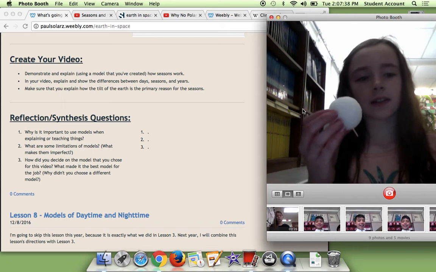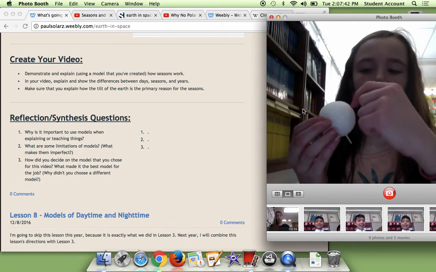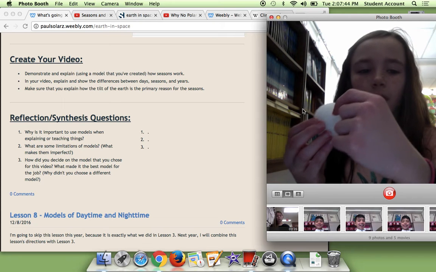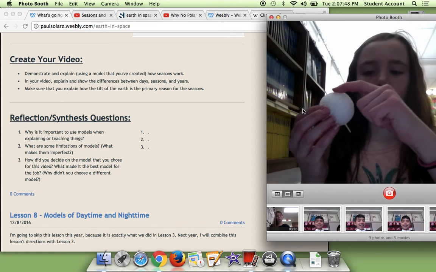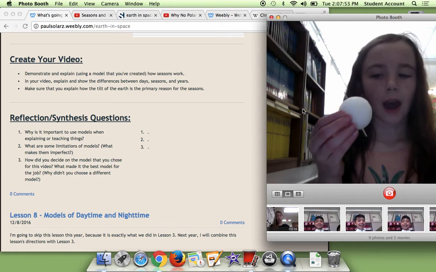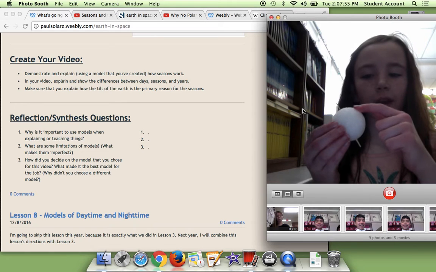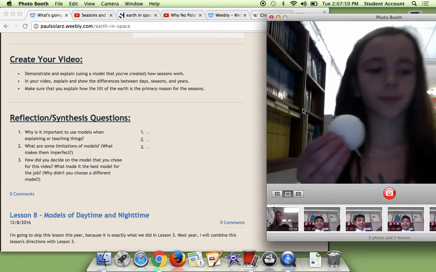Because it is tilted here, in the northern hemisphere, so right here is the equator, right down the middle, and this is the northern hemisphere, this is the southern. I live in the northern hemisphere, so for the northern hemisphere this would be winter. January is winter.